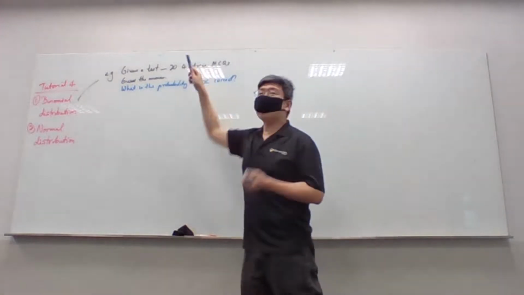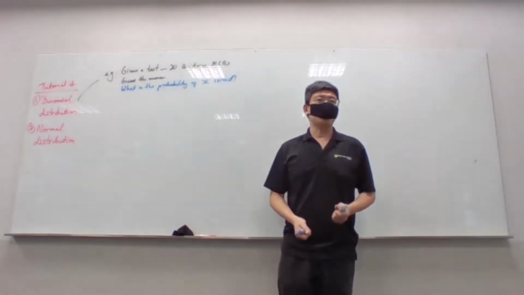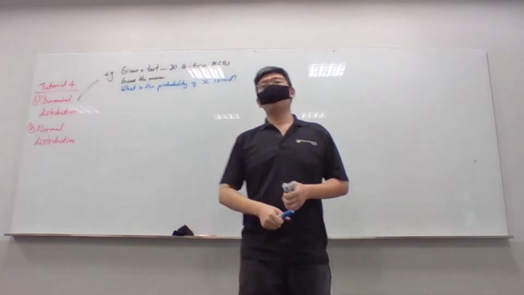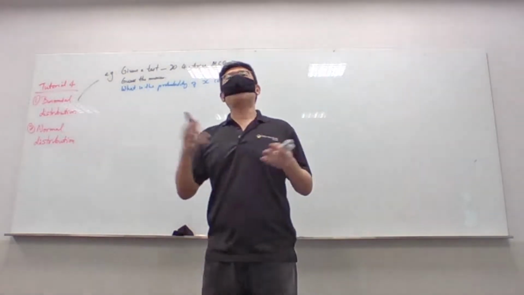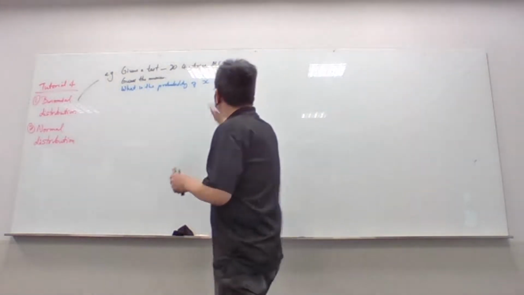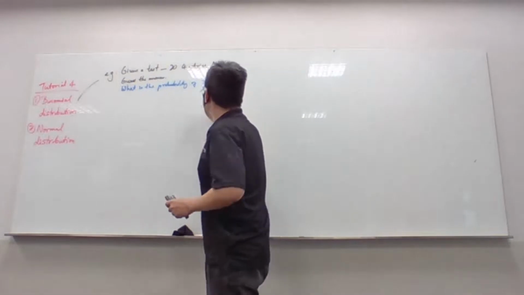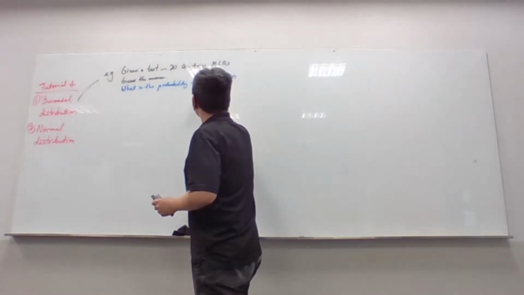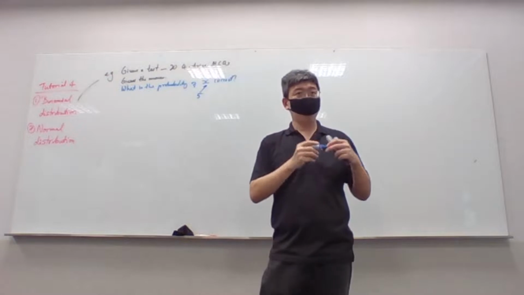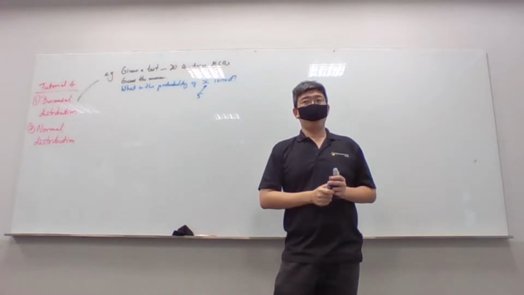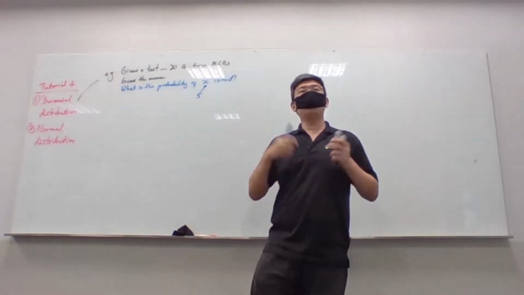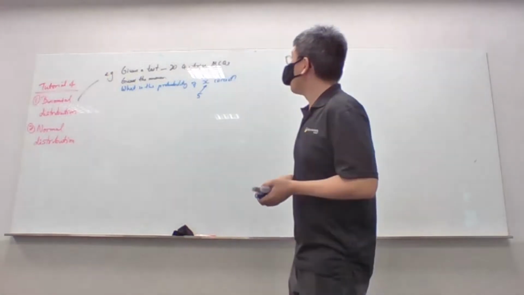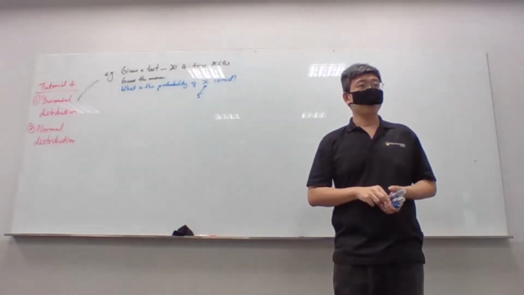You do not know anything about the questions. 20 MCQ, what's the probability of getting something correct? This X can be, what's the probability of getting 5 correct answers.